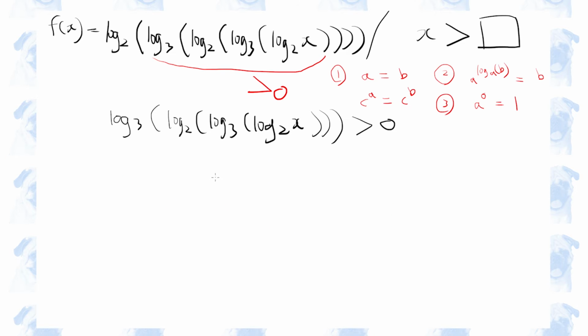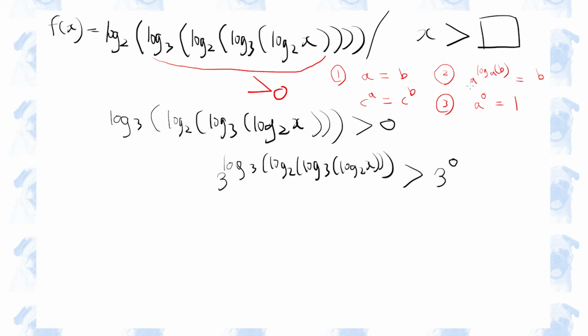So let's have 3 as our base, and raise this number to the power of log base 3 of log base 2 of log base 3 of log base 2 of x. And we do the same thing to the right hand side: 3 raised to the power of 0. According to the first rule, this should be allowed.